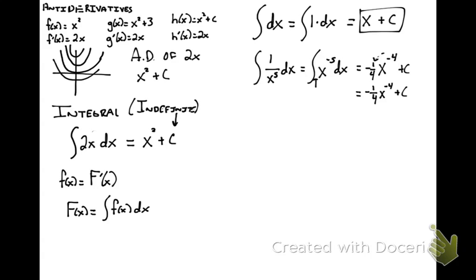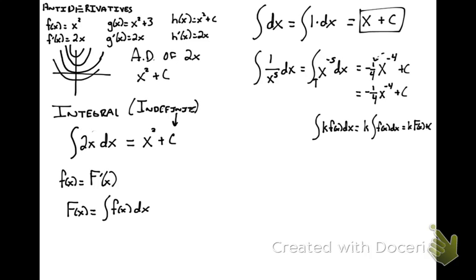A couple properties to keep in mind. If you have the integral of some constant times a function, this is equivalent to pulling the constant out and just dealing with the function. Once you take the integral of the function, you'll have your constant times f of x plus c.